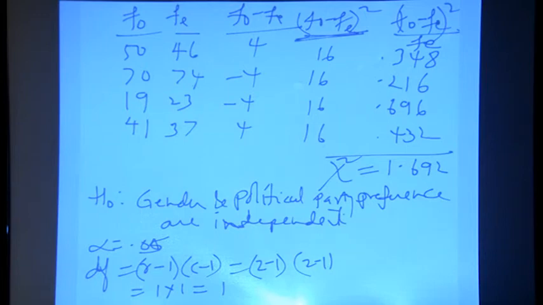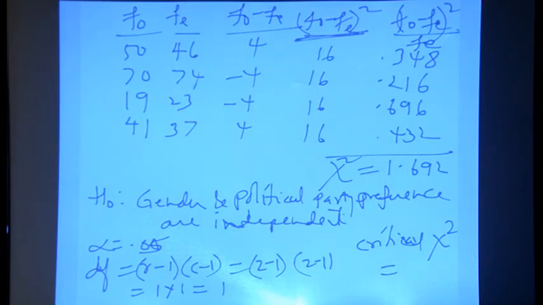So, we look in the chi-square table under 0.05 with degrees of freedom 1.